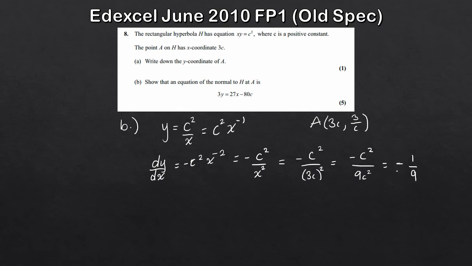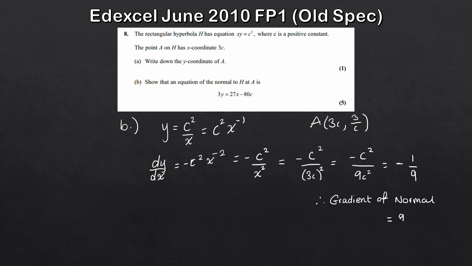But be careful, just like we did with the previous one, we were working out the equation of the normal, we need the perpendicular gradient here, or the negative reciprocal. So, gradient of normal, that will just give us 9.